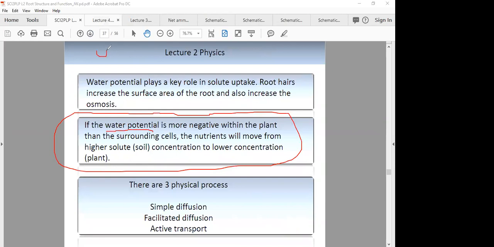We know the symbol for water potential, but what does it mean? Water pressure. Pressure contributes to the term water potential, but what is it actually referring to?